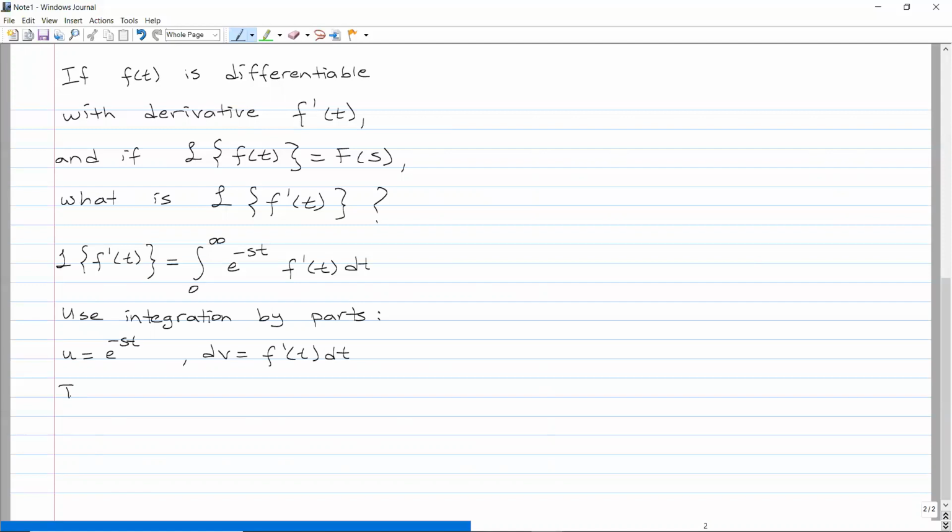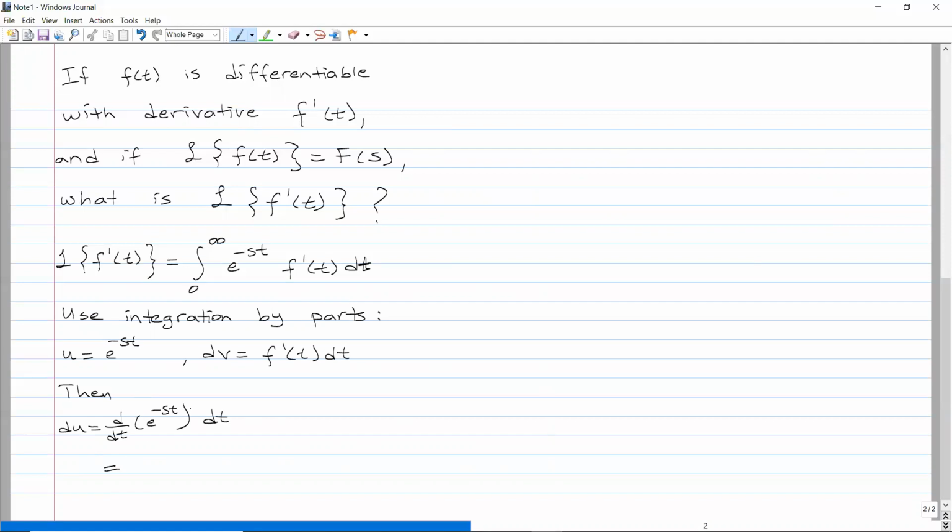Then what is du? I take the derivative of e to the minus st with respect to t. My integration is with respect to t, so du is, I need to differentiate this function with respect to t and multiply by dt.